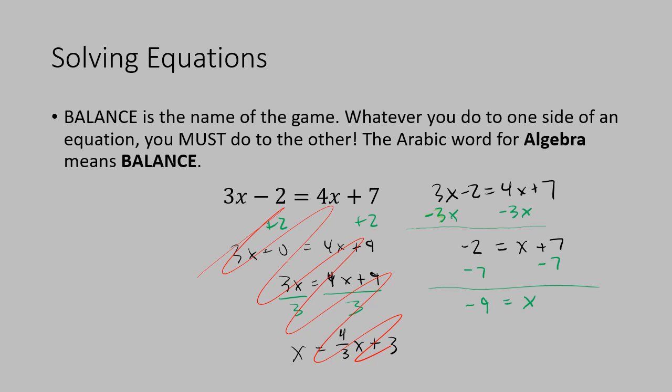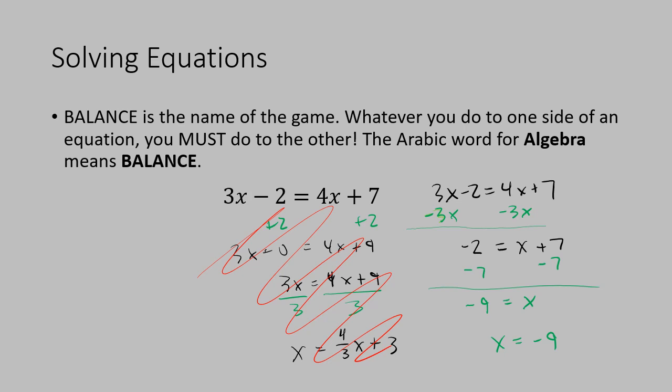So boom, we're done. x is equal to negative 9. That's the solution to this equation, and it was where we had to combine the x's and we had to combine the constants and get them on opposite sides of the equation, so we had that final form of variable equals number.